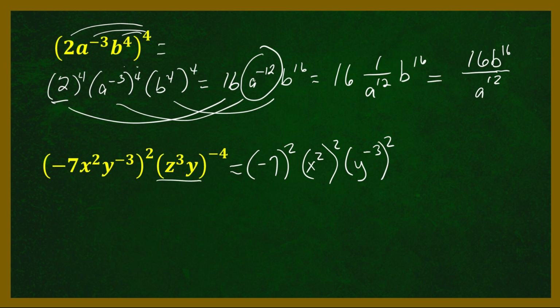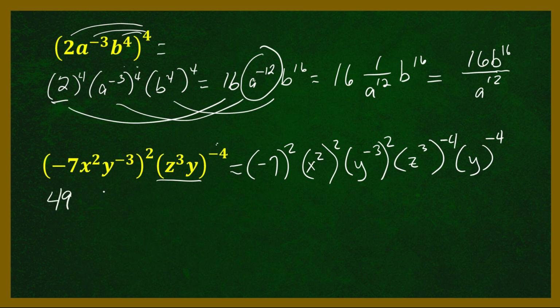So then we're going to do our next term here. So times z cubed, we're going to raise that to the negative fourth power, and y, we're going to raise that to the negative fourth power. Okay, so when we evaluate our first term, we have negative 7 squared, which is 49.